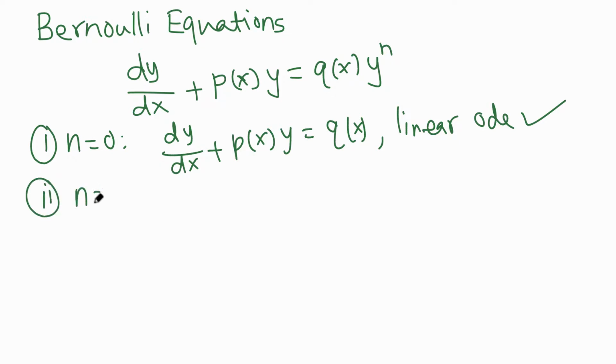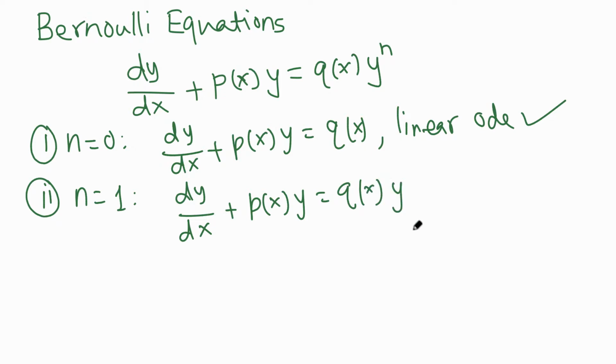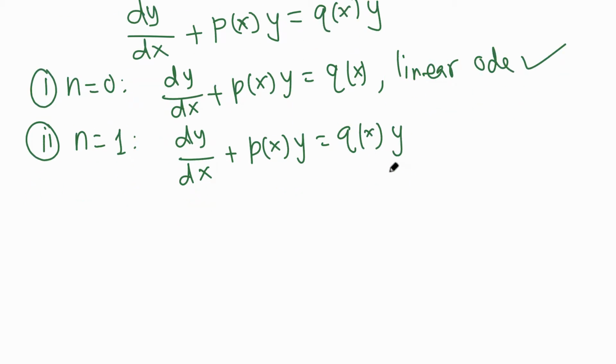And when n is 1, what do we get here? Now dy/dx + p(x)y = q(x)y raised to 1. If we subtract q(x)y from both sides, we can make it linear, with the right hand side 0.